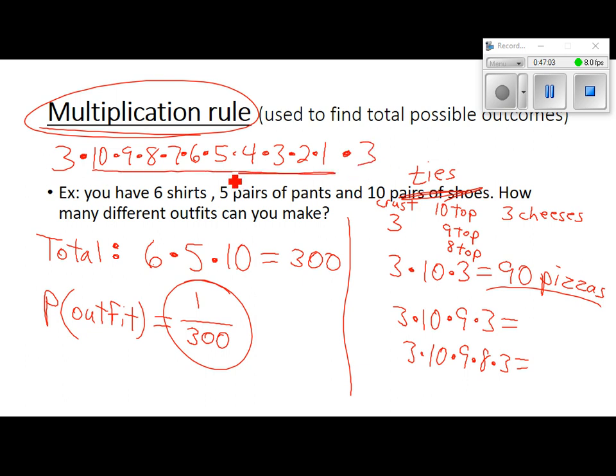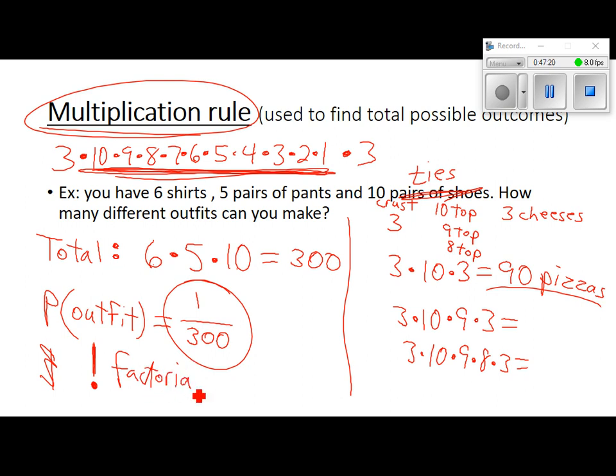This part right here, I don't have this written on your notes, so write it down there somewhere. Anytime you see something that looks like that, that's this symbol, the exclamation mark, and that's called factorial.